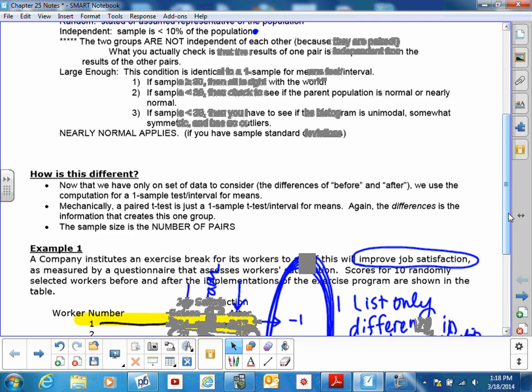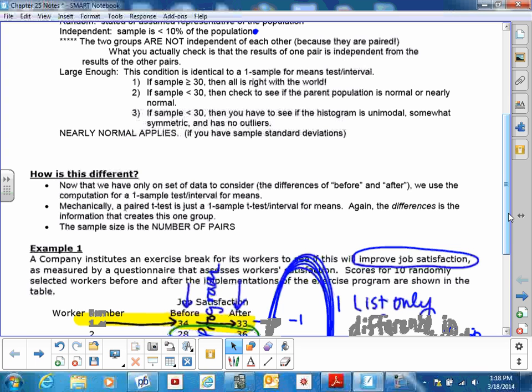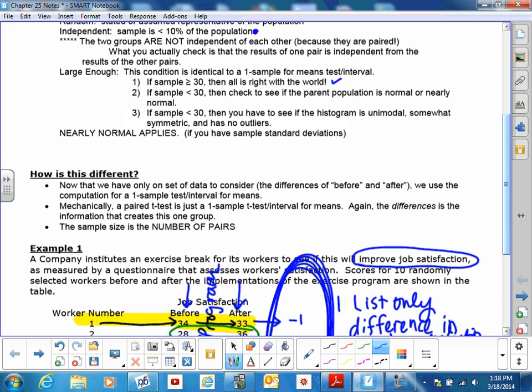Okay. And then our large enough condition is identical to the ones we have done in the past. If our sample is greater than 30, then we are super excited because all is good and we can just say it's large enough, ta-da. If it's less than 30, we check and see if the parent population is normal or nearly normal, yay, we are good.